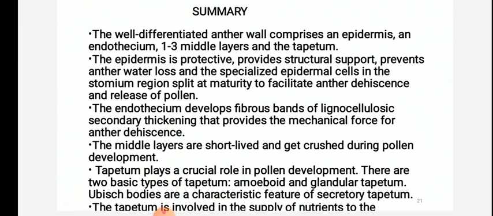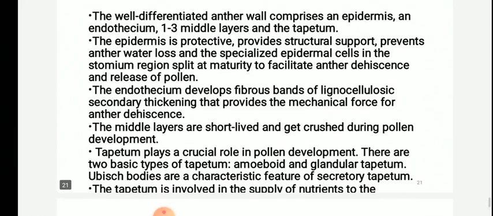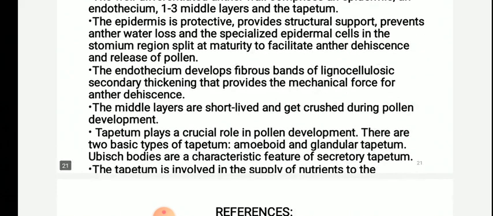So let us revise what we have studied in this session. The well-differentiated anther wall comprises an epidermis, an endothecium, 1 to 3 layered middle layers, and tapetum. Epidermis is protective, provides structural support, prevents anther water loss, and specialized epidermal cells in the stomium region split at maturity to facilitate anther dehiscence and release of pollen.